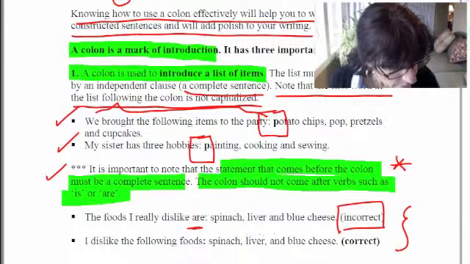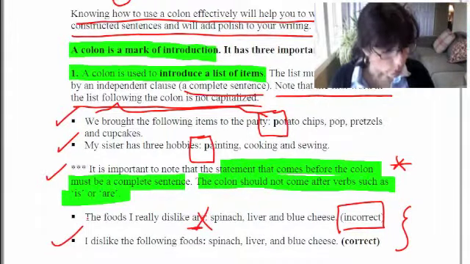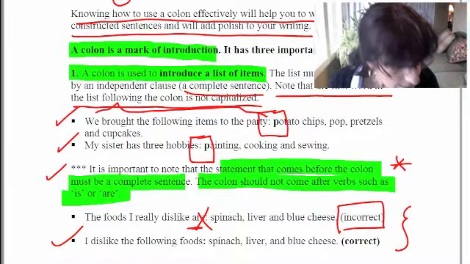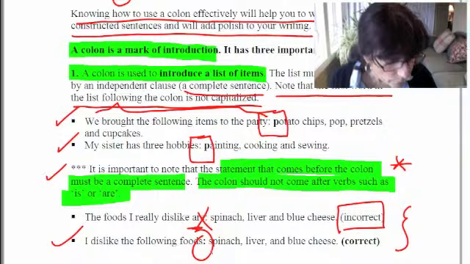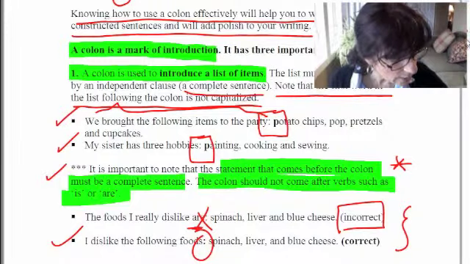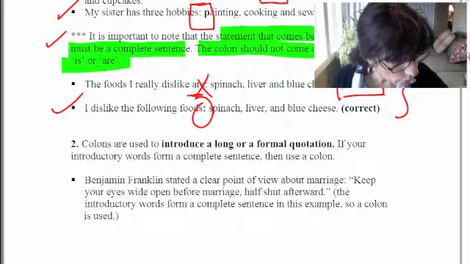You would just have to say the foods I really dislike are spinach, liver, and blue cheese, and you would not put in the colon. But in this one, I dislike the following foods. Now, here is your list. There's no verb, is or was, so you would say I dislike the following foods, your colon, and then you state your list, spinach, liver, and blue cheese. And that example is now correct.